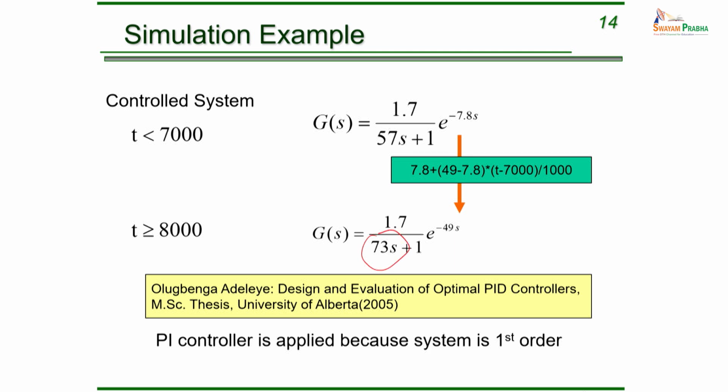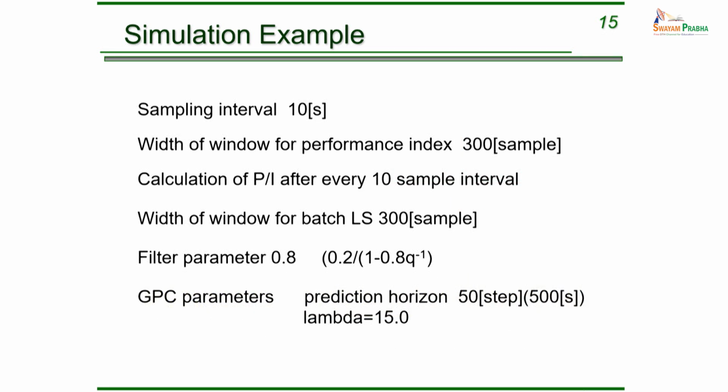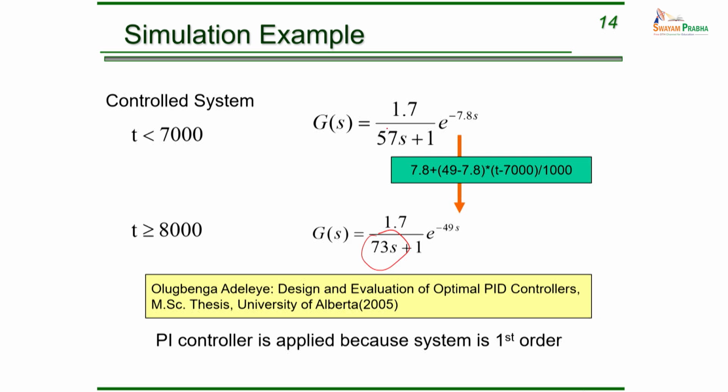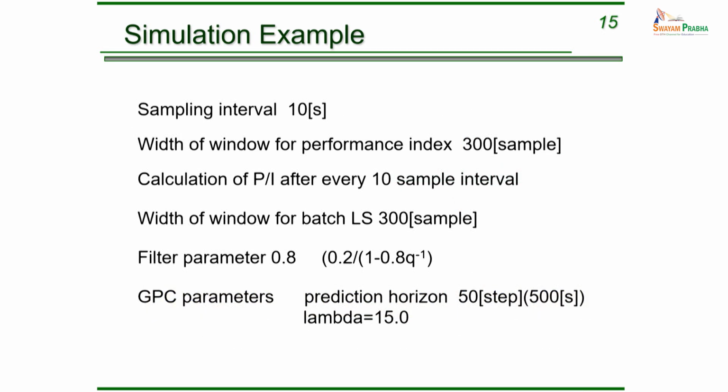Okay, so we apply PID control to this system. The sampling interval is 10 seconds, appropriate because the time constant is 57, so the sampling interval is at least 1/5 of the time constant.